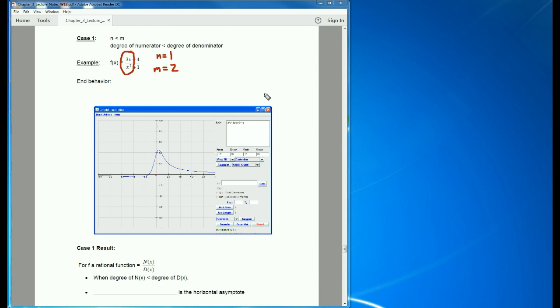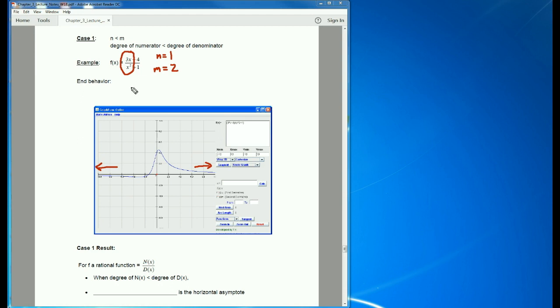Okay. Now, if we just look at the graph of this function, 3x plus 4 over x squared plus 1, this is what it looks like. Okay. And just by inspection, it looks as if when x gets very positive or as x gets very negative, it looks like the graph is approaching the line y equals 0.